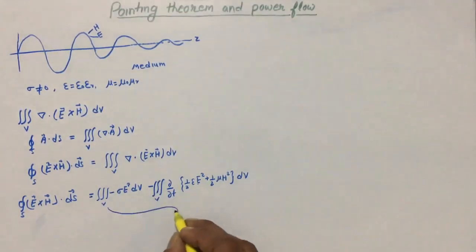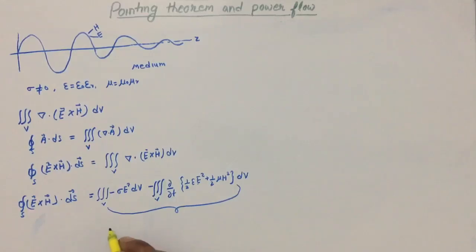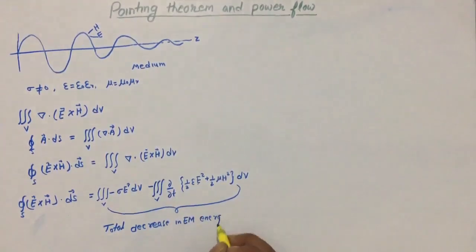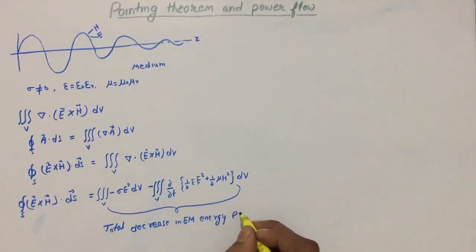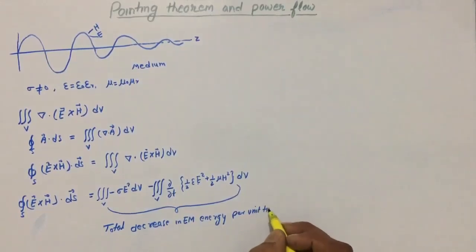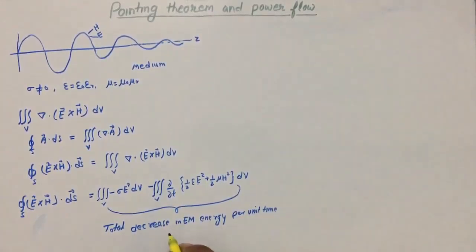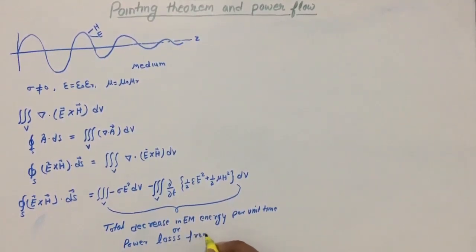Including these two, this is the total decrease in electromagnetic energy per unit time, and due to per unit time, we can say this is power loss from the entire volume.